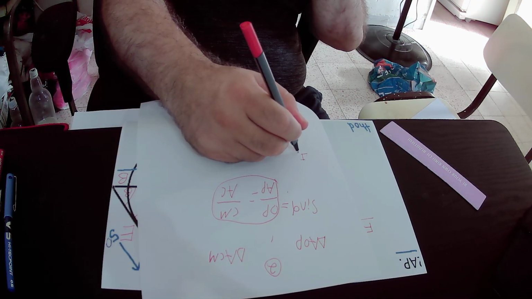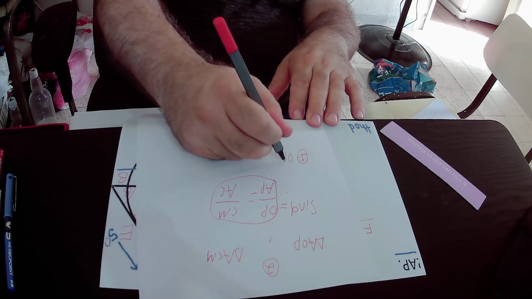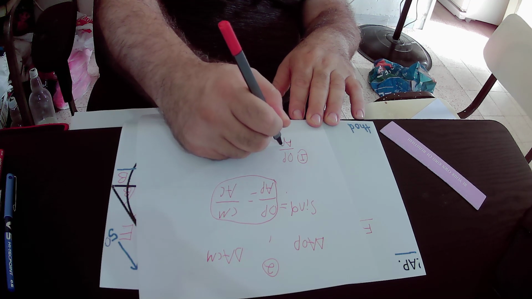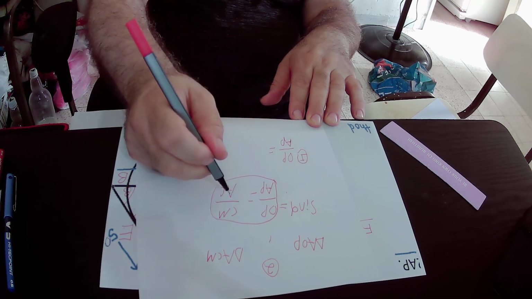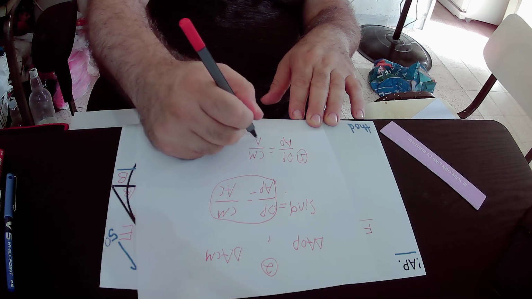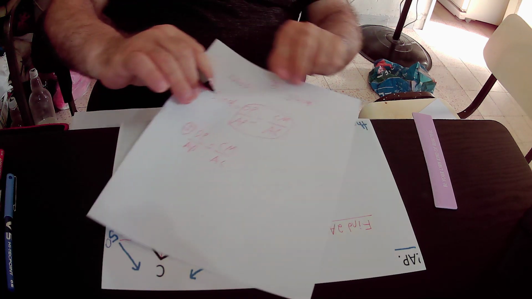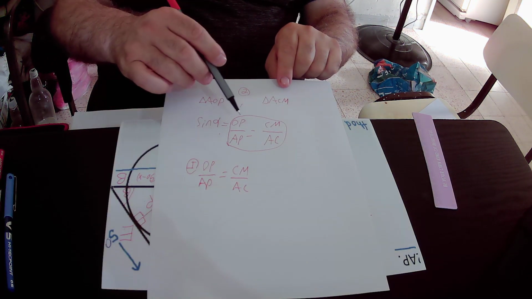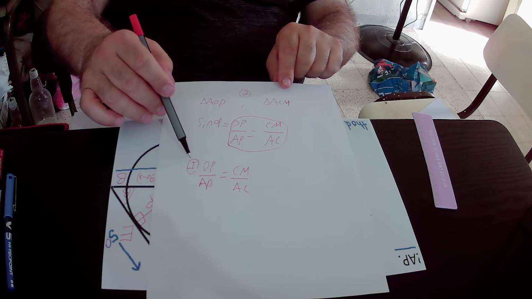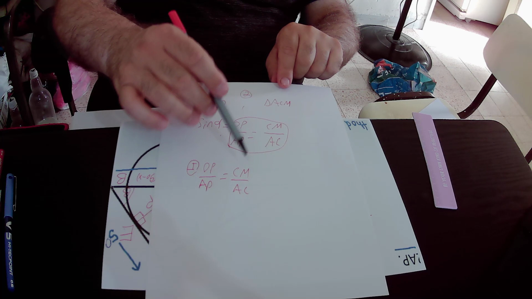So equation 1 is OP over AP equals CM over AC. Again, I copied this equality here and called it equation number 1.